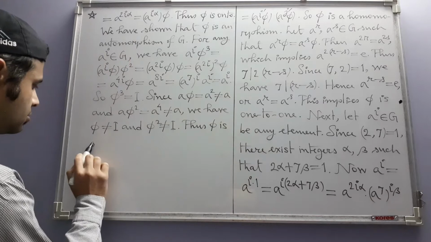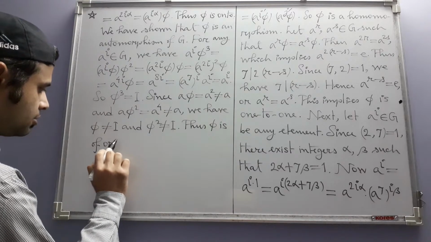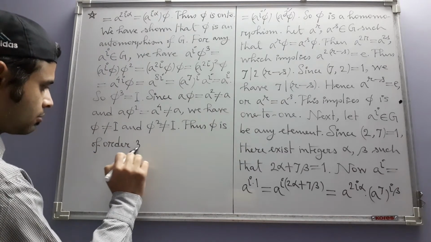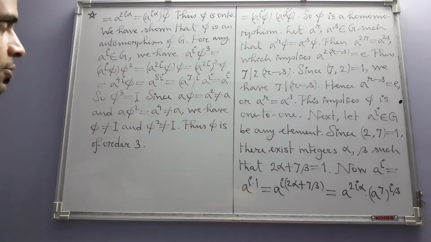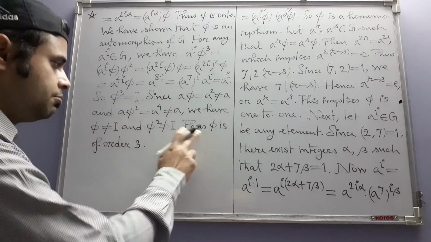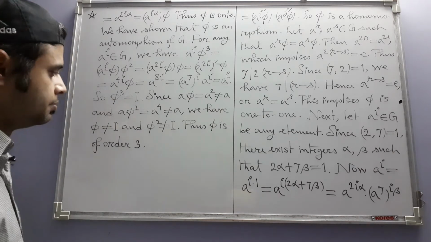Thus phi is of order 3. Okay, in the automorphism group of G, as an element of that group, phi has order 3.